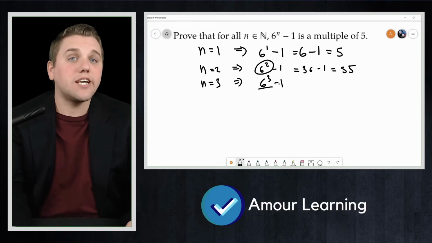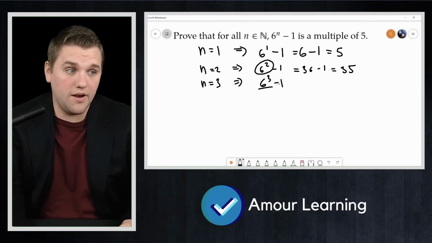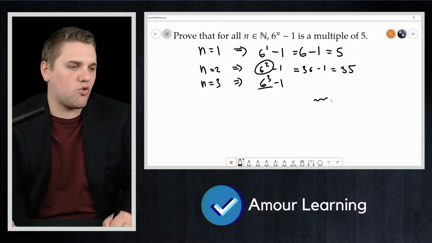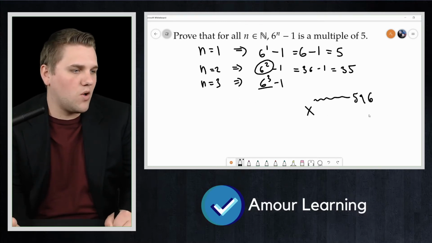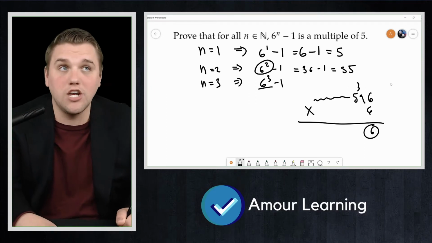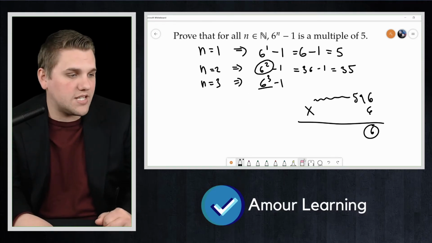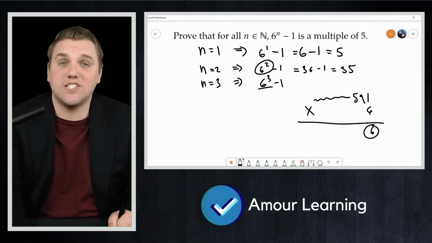Well, powers of 6 either end in a digit 6 or a 1. So when you have some crazy number like 596, and then you multiply that number by 6, the last digit is going to be a 6 when you do the multiplication. And likewise, if it's a 1 here, no matter what, your answer is going to have a 6.